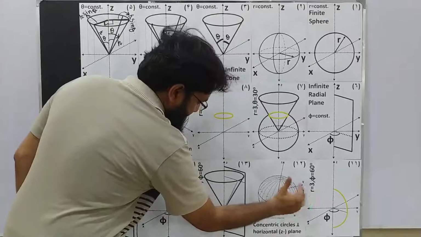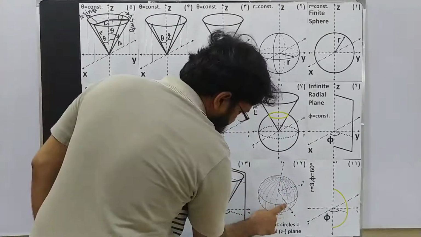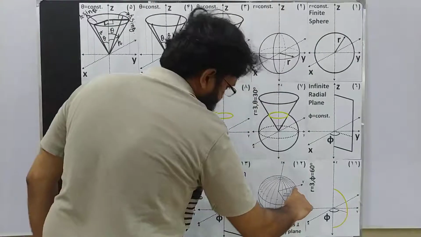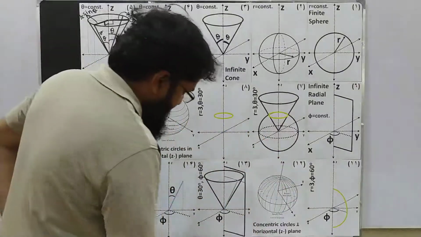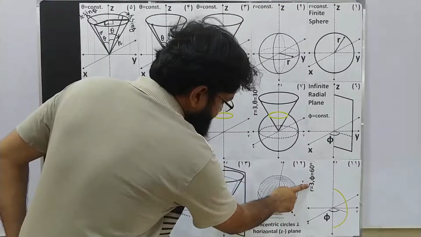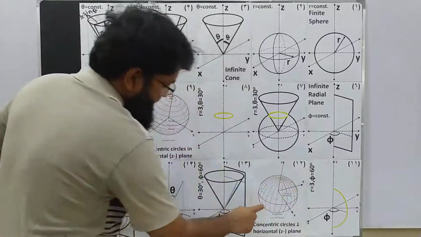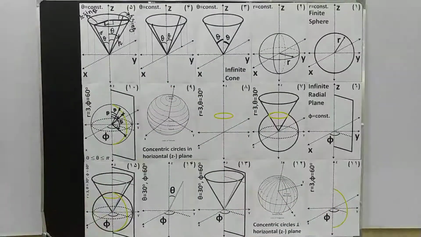Curl your right-hand fingers and the thumb will show you the direction. So here 0, 15, 30, and so on. Always remember that the intersection of r equals constant and phi equals constant curves, which are these yellow curves, is always perpendicular to the horizontal or z equals constant planes.